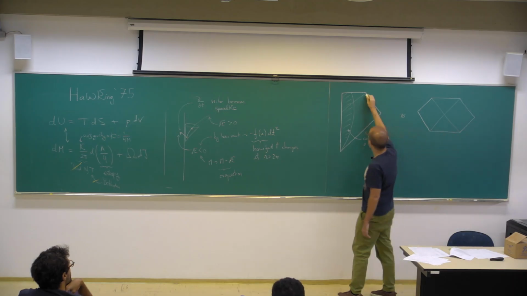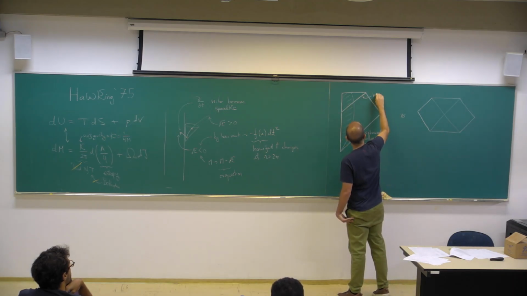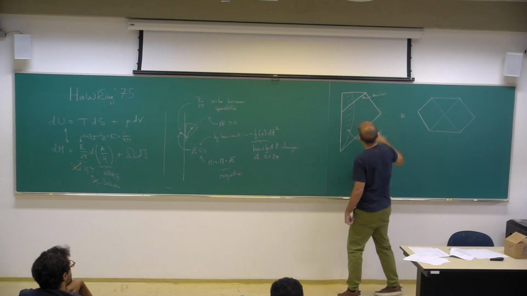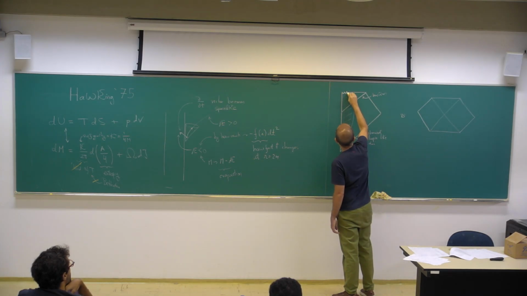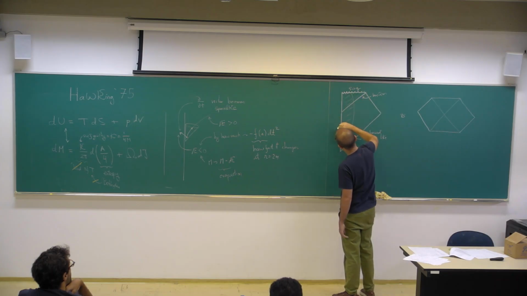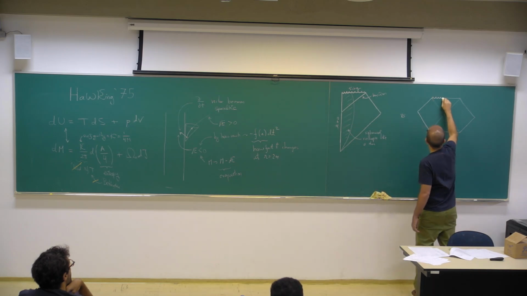Then this line here is the horizon. This is the singularity. And this is the origin of radial coordinates. Okay.